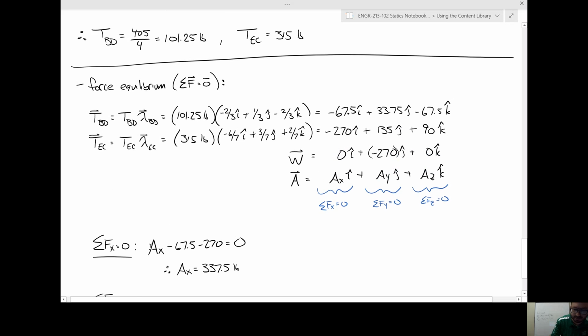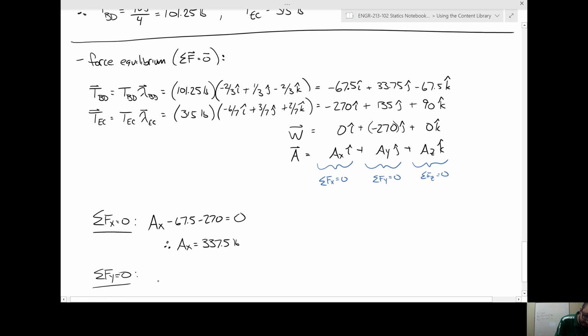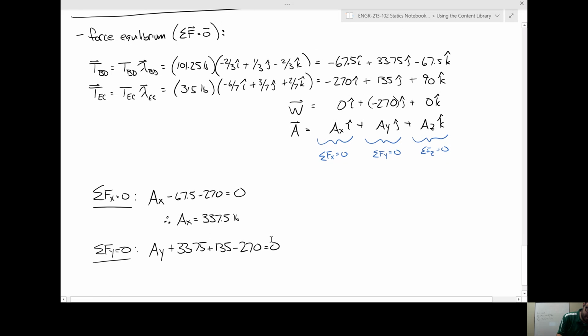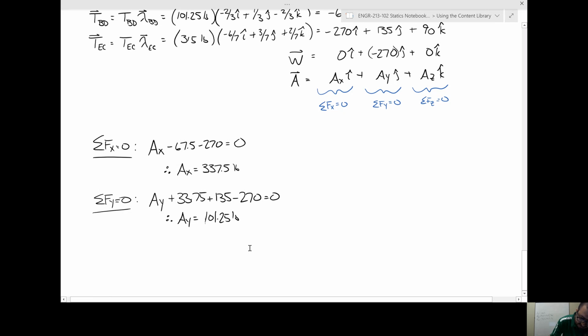And then if I sum forces in the Y direction, I just do the same thing. And again, you're going to see this is kind of boring because it follows through pretty easily. AY, and then plus 33.75 plus 135 minus 270 equals 0. I get AY is 101.25. And then lastly, summing forces in the Z direction.